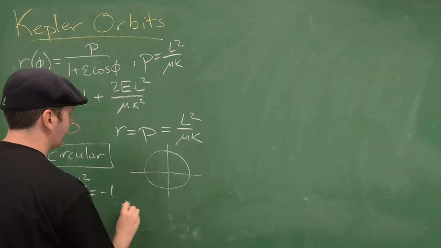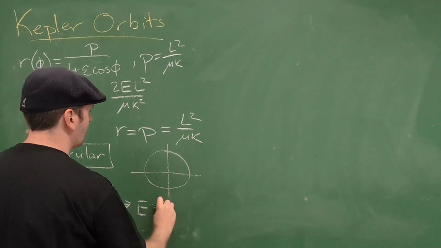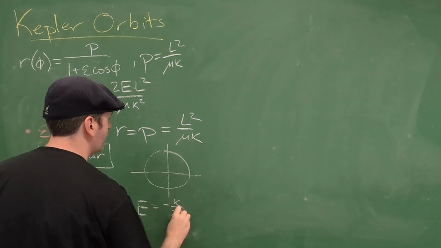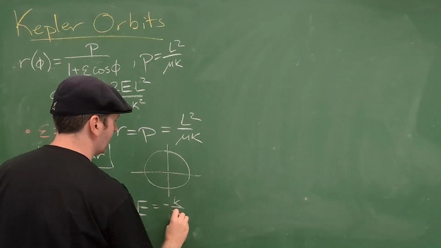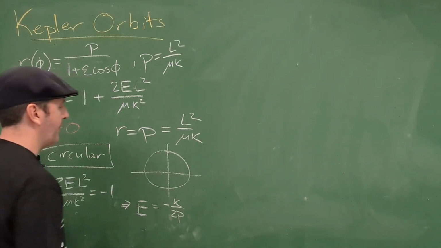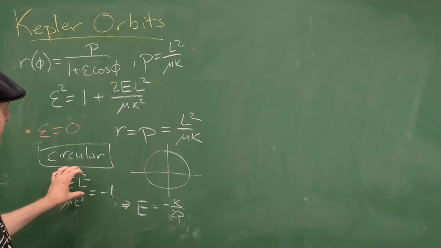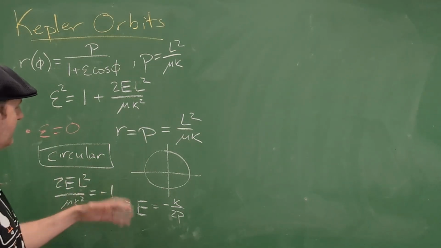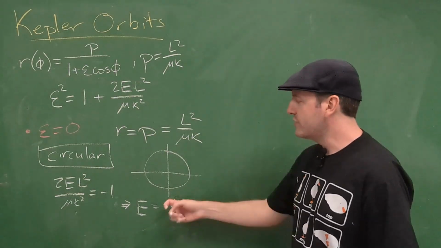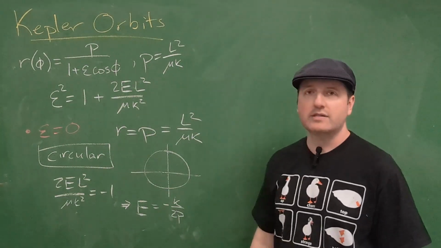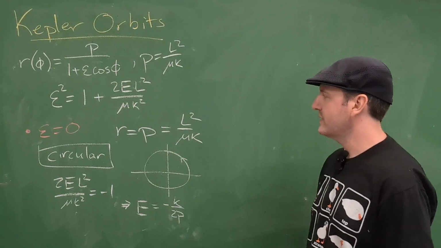And what that tells me is that the total energy of this circular orbit is going to be negative kappa over 2p, if you want to write it that way. I can rewrite this whole thing as p over kappa, and there'll be a 2 that comes out of it naturally. So that is indeed the energy of this circular orbit. It's negative as desired, and it is actually the lowest energy orbit.